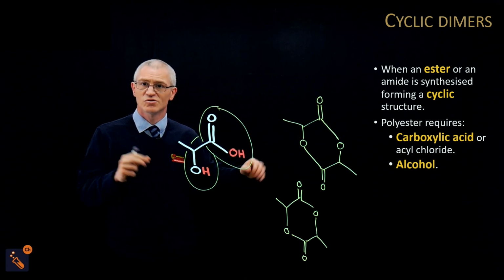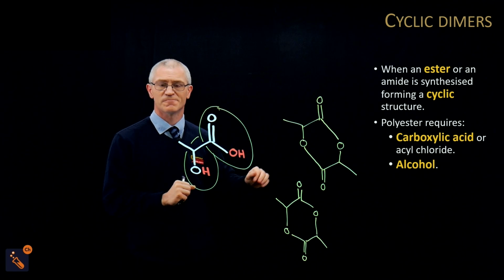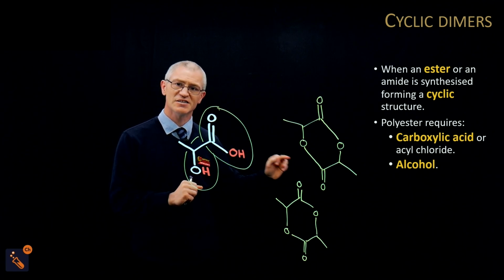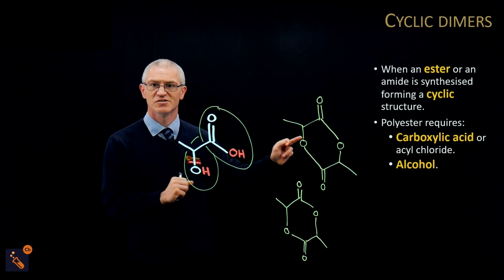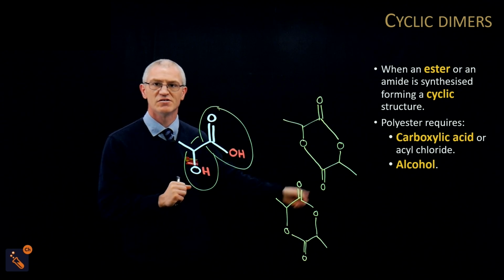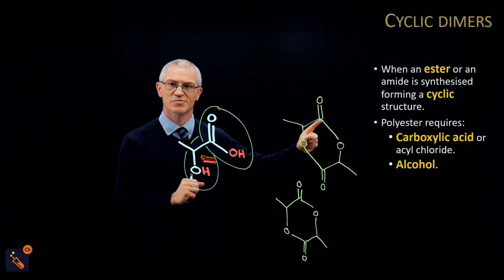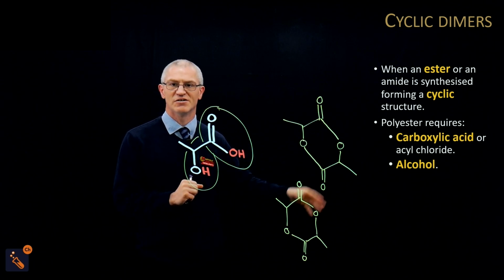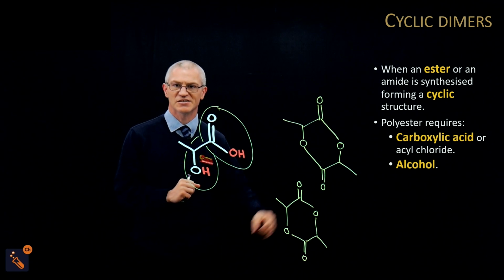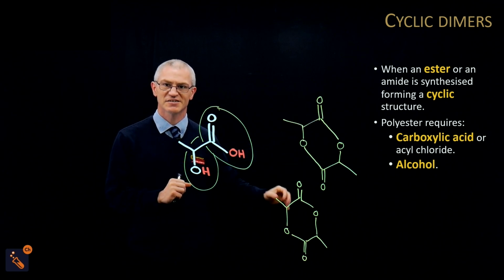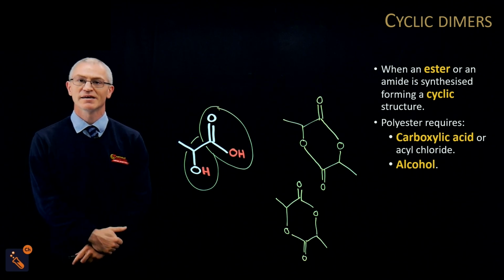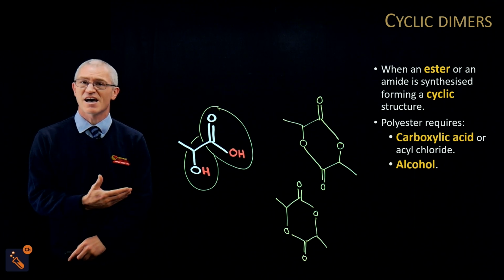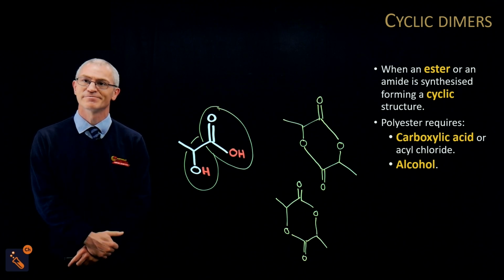We then got rid of the waters and got rid of the bond to the waters because it's skeletal, and then just rejoined that carbon of the carboxylic acid here to the oxygen of the alcohol, and then we joined the carboxylic acid carbon here to the alcohol, and you've got a lovely cyclic dimer. And in this case, it's a nice hexagon. So you can see here, I can draw it in a nice hexagon shape. And that is how you do a cyclic dimer with an alcohol and a carboxylic acid.